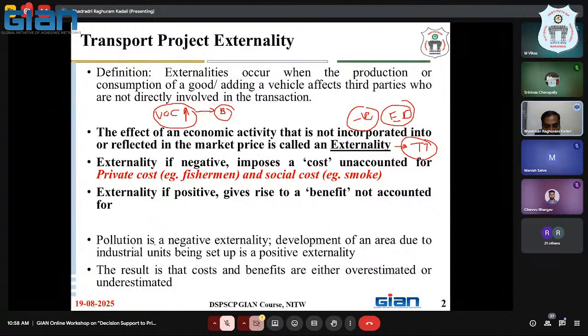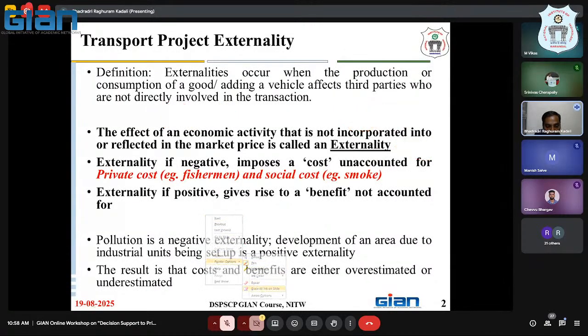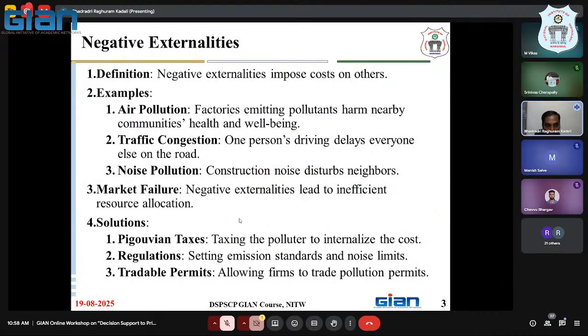Pollution is the negative externality; a positive one is the development of an area due to industry or the development of a network, a new transportation project. The result is that the costs or benefits are sometimes overestimated or sometimes underestimated. So there is a chance of more and more negative, or sometimes more and more positive, effects of the projects.